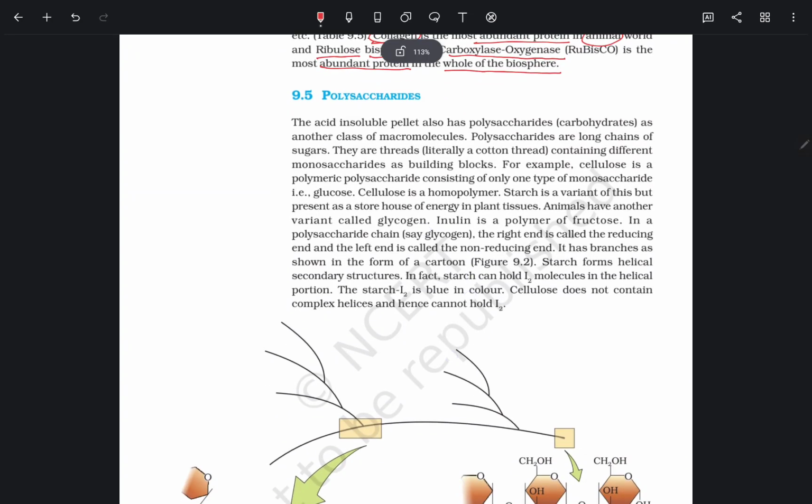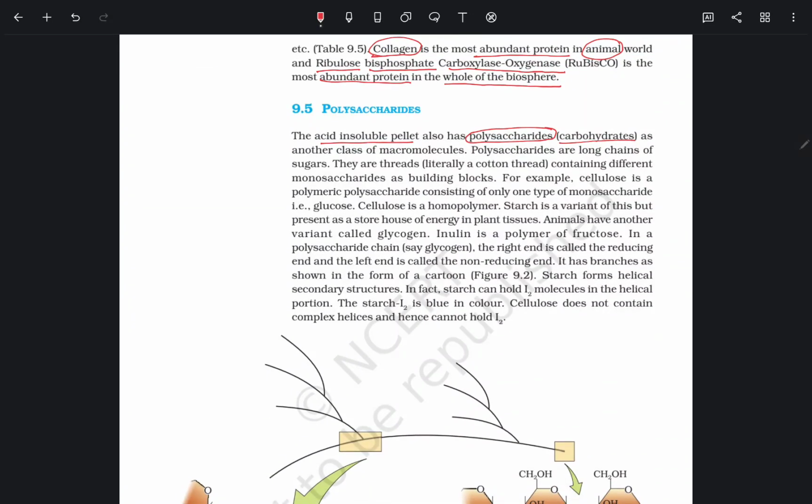Polysaccharides. The acid insoluble pellet also has polysaccharides, carbohydrates, as another class of macromolecules. Polysaccharides are long chains of sugar.